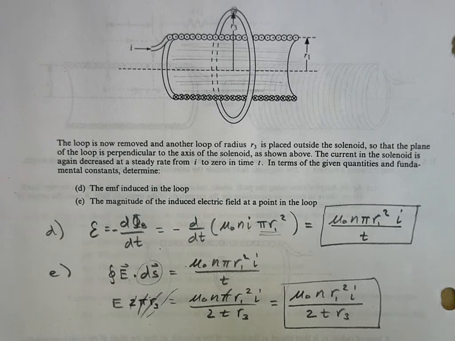Okay, so again, when you're correcting this, don't just write down the solution. Try to take a step back from the problem and look at what the big ideas are here. And these are the biggest ideas in electromagnetism. Okay, Ampere's law and Faraday's law.